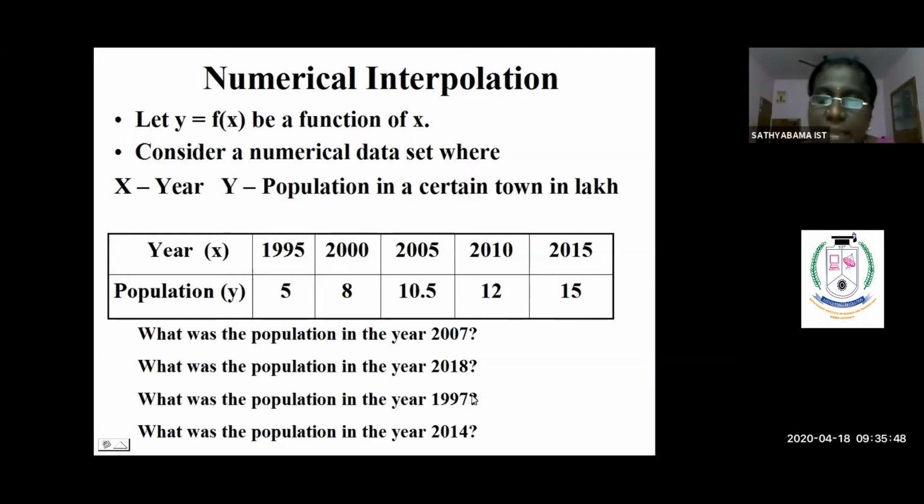What difference do they have? They are common. We can calculate the corresponding value of y, that is the population in these 2 years, by using the interpolation method. But the only difference is 1997 lies close to the initial value of the data set, and 2014 lies close to the end value of the data set.